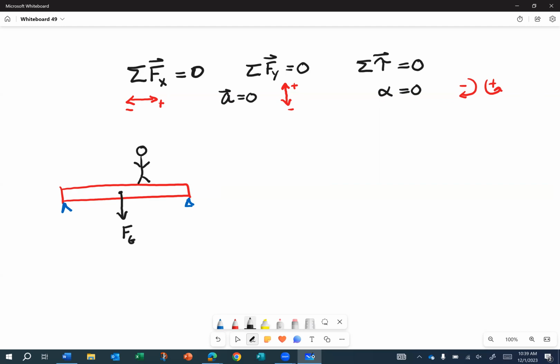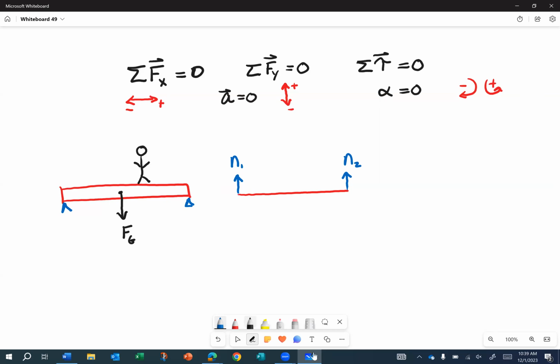If we were to draw a free body diagram of this, with all of the forces involved, we would have our beam. We would have support 1, which I'm going to call the normal force 1. We have support 2, which we're going to call the normal force 2.